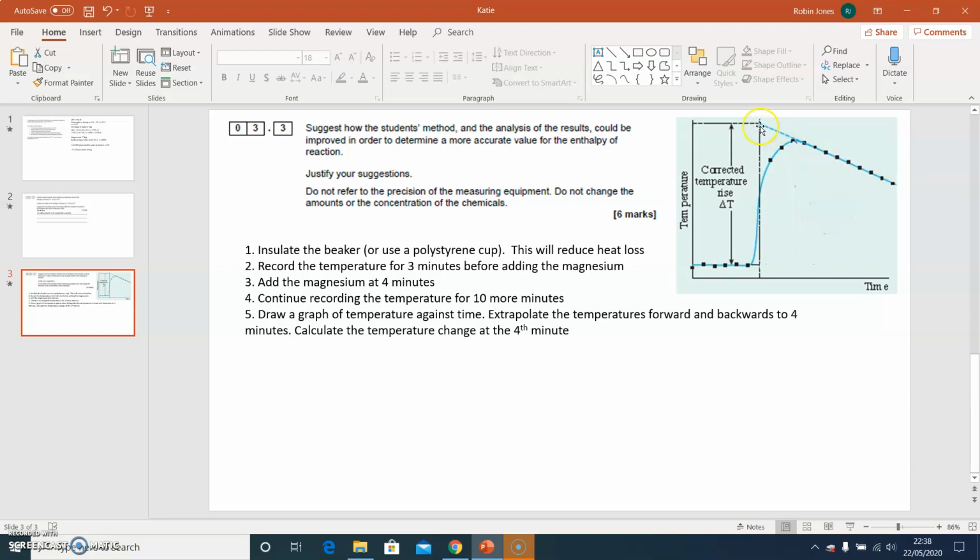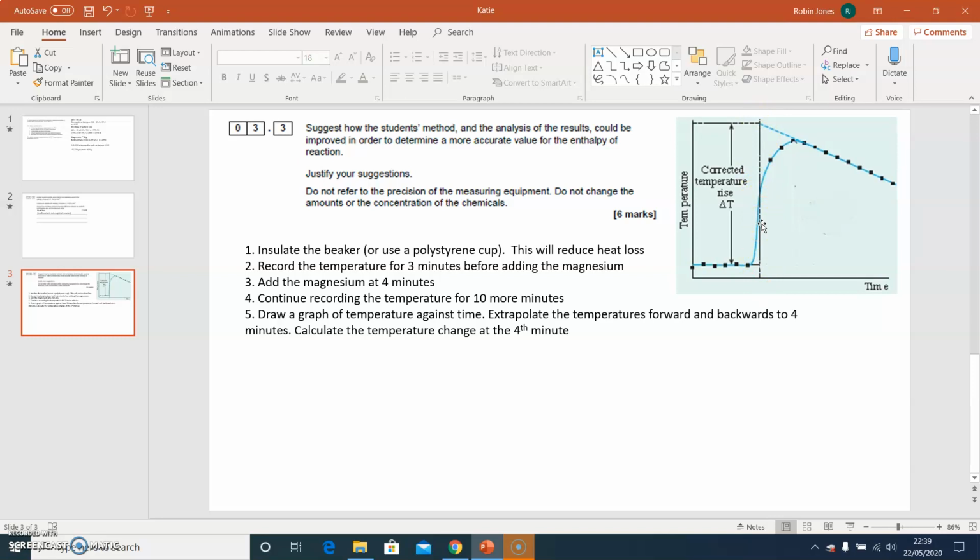It would be here, and the temperature change would have gone along and then shot straight up and then straight down if my thermometer wasn't a poor thermometer, if it was a better quality thermometer or a digital thermometer. So my temperature change is from here, before I added the magnesium, and I've extrapolated, worked it back to 4 minutes when I added the magnesium, and I'm going to measure this temperature here from a graph.